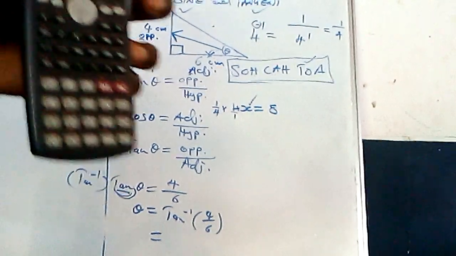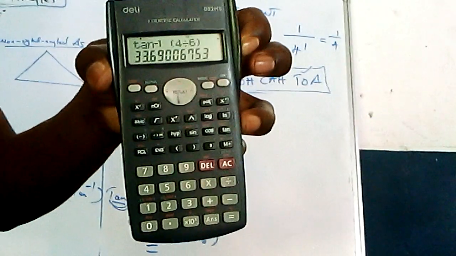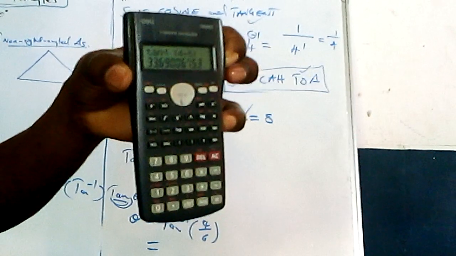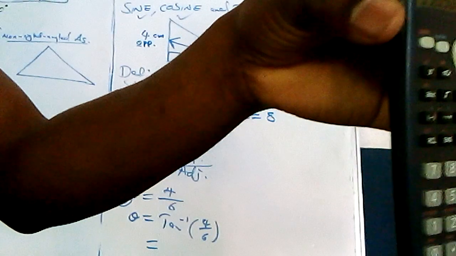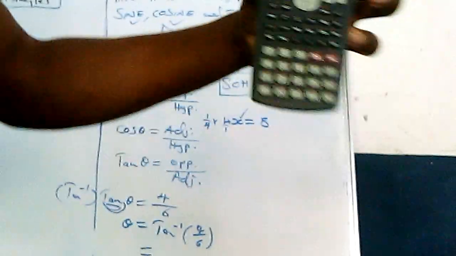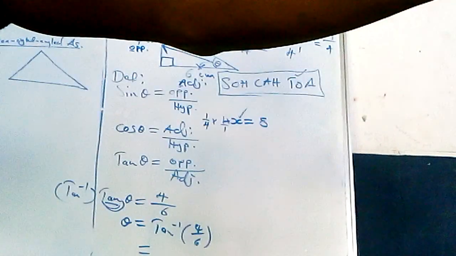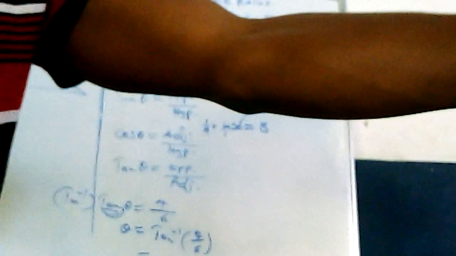So that's your angle. The angle will be 33 point what? Is it 33? Yeah, that's 33.7. Actually it's 33.69.